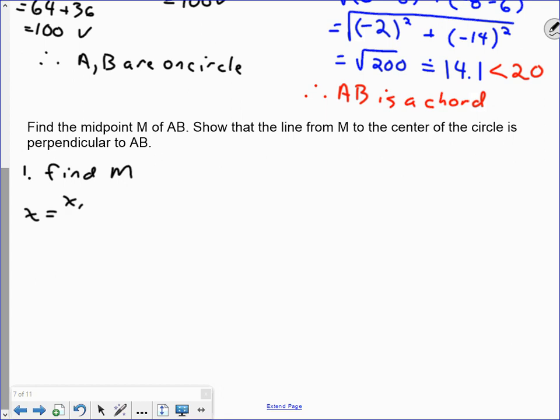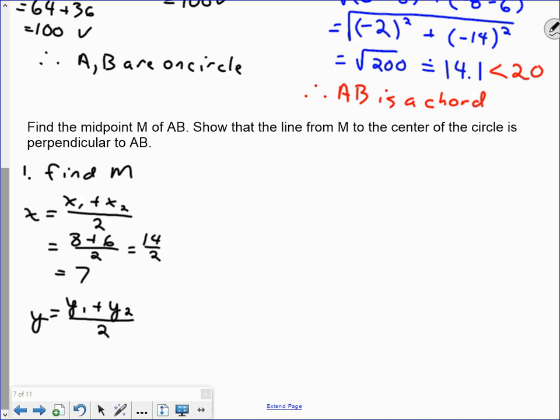X is x1 plus x2 divided by 2. And y is going to be y1 plus y2 divided by 2. So we just want to sub in our x values and our y values from our points A and B. So our midpoint here, we're going to do 8 plus 6 divided by 2, which is going to be 14 divided by 2, which is 7.